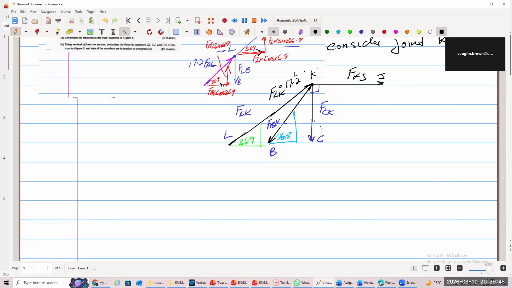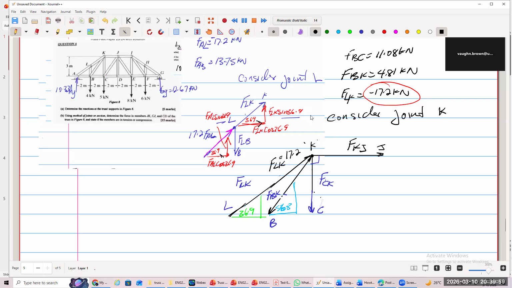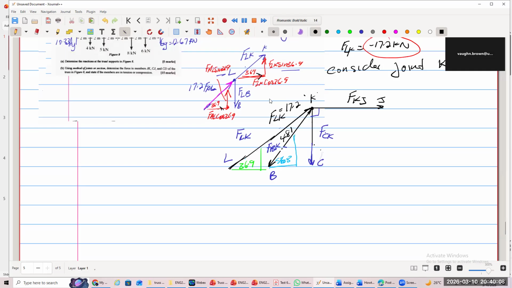Now we're going to use the sum of the equilibrium equation again. Which one is a good one to start with? What do we know? We know BK. Let's put in what we have. BK is 4.81. So we only have two unknowns. Beautiful. Now, if we go horizontal, how many forces do we have that we know?